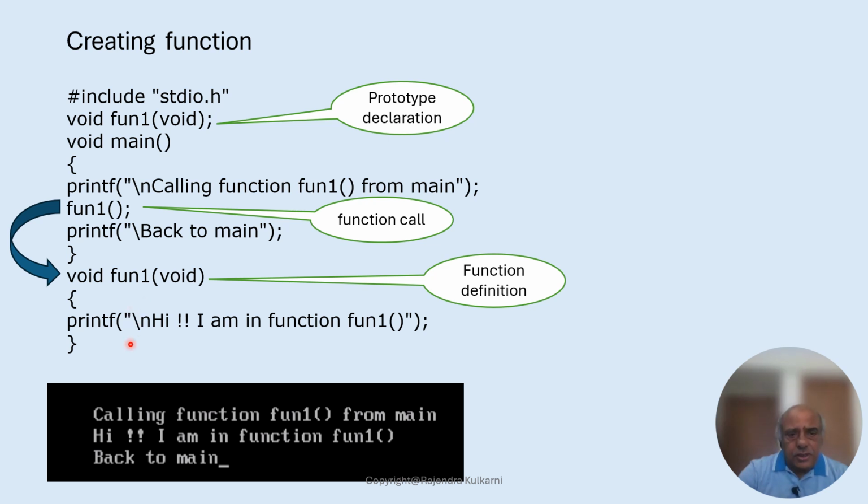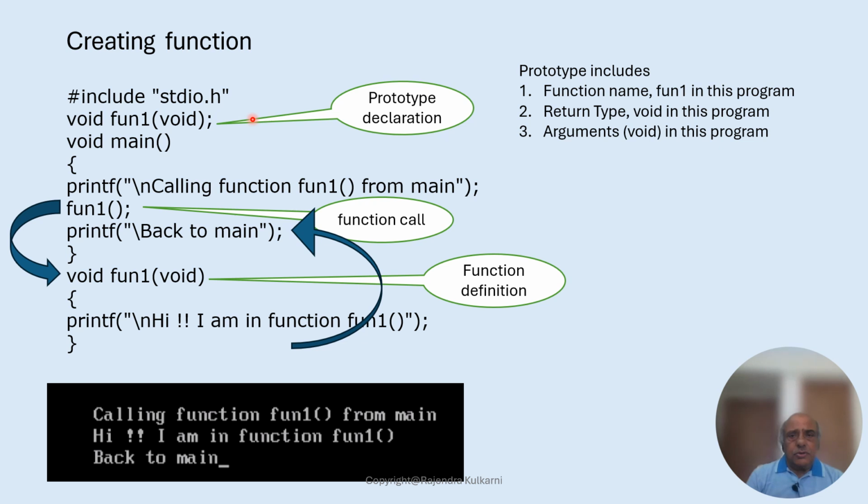It executes whatever is the code in the function, and on reaching the closing brace of the function, the control goes back to the calling function, in this case main, and starts executing the statements after the function call. Fun1 is called a function call. This is function definition, and this is prototype declaration of a function.